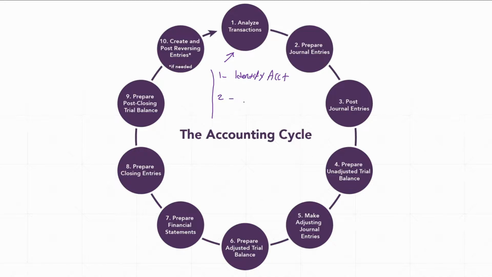In step 2, you identify the amount and the increase and decrease of the accounts. And in step 3, you translate increase and decrease into debit or credit. So that is analyzing the transactions.